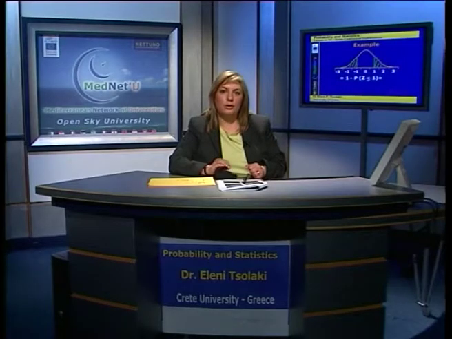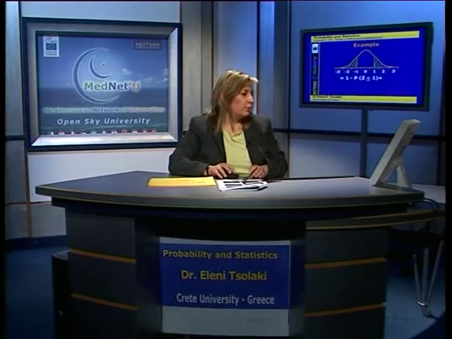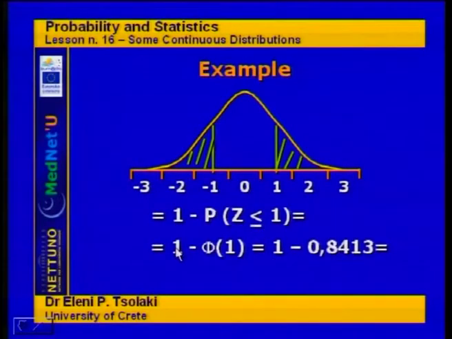And so, going back to our example now, we have that 1 minus the cumulative distribution function at point 1 is equal to 0.1587.